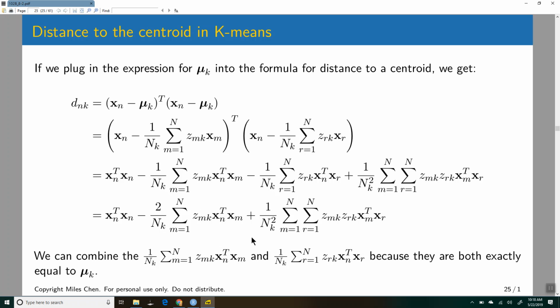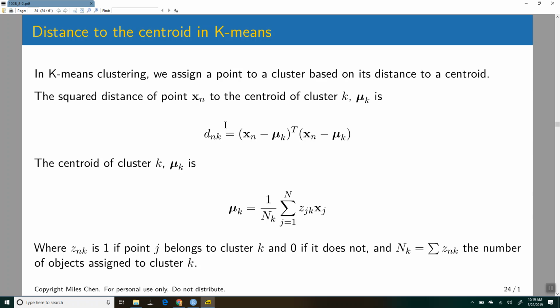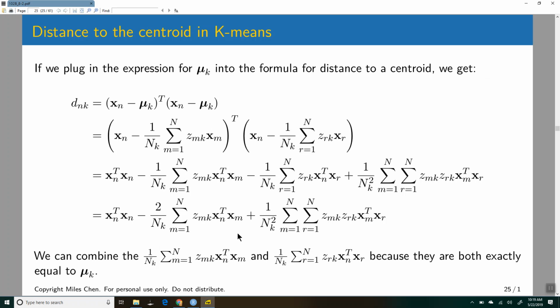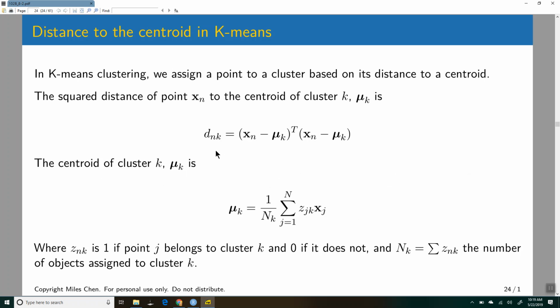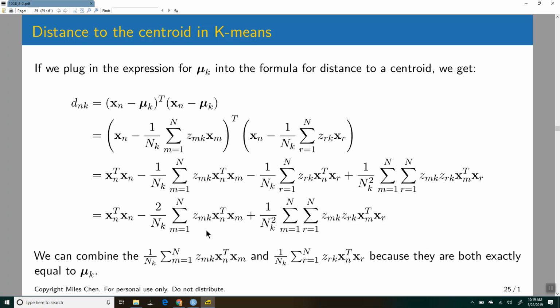So this here. As messy as it is, don't lose sight of what we're doing: this is just an alternate expression of the distance of some point to a centroid. This crazy thing here is the expression of some xn to some centroid mu sub k, all right?